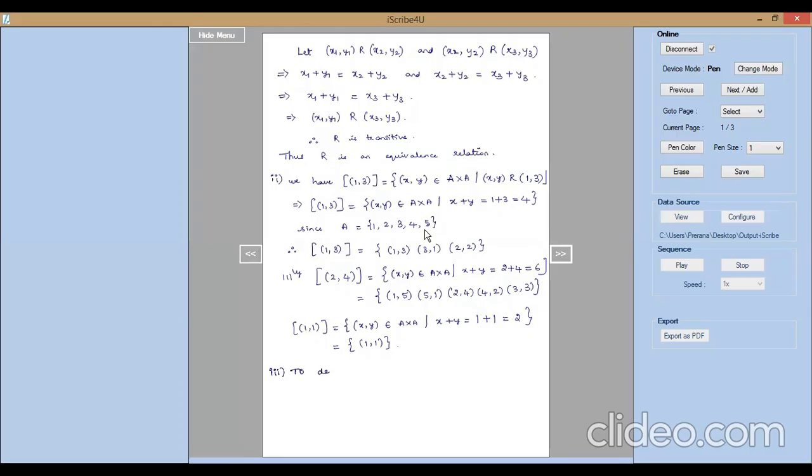To determine the partition induced by R, we have to first find all the equivalence classes of all elements x comma y of A cross A with respect to R. So let us first find out the same thing.